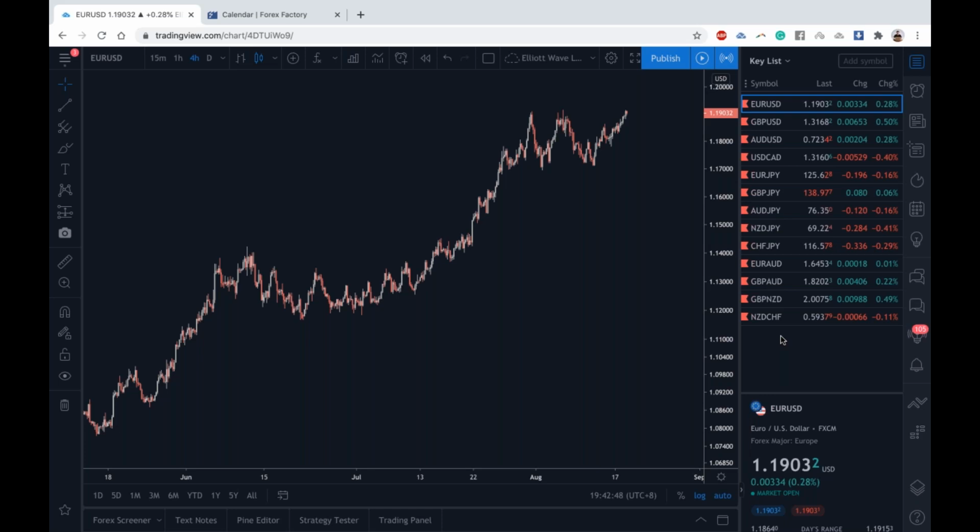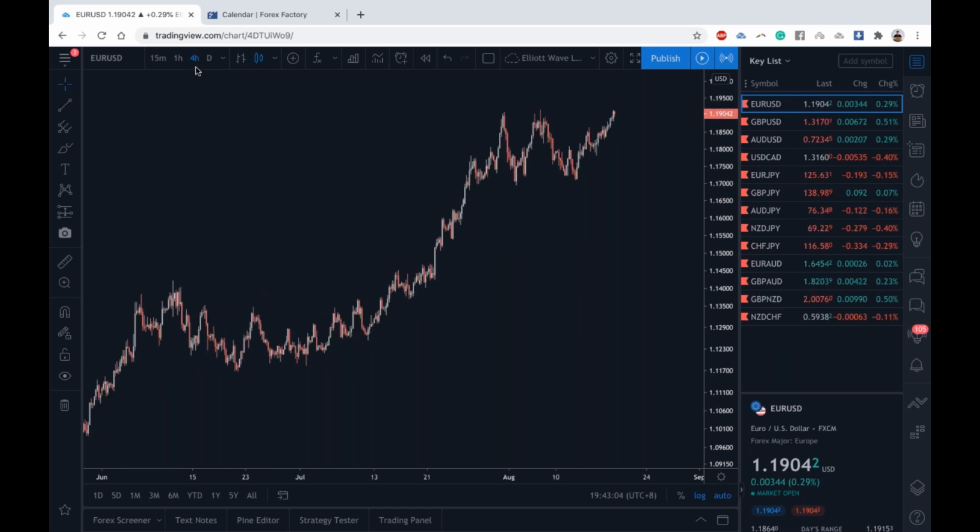Let's take a look at the very first one, euro dollar. Again, I'm looking at the 4-hour time frame. The principles can of course be applied to daily, 4-hour, 1 hour, 15 minute, or even a higher time frame like weekly. But I pick the 4-hour time frame because it is a very good balance for swing trading. I'm not sitting in front of my computer trading every day for 2-3 hours.